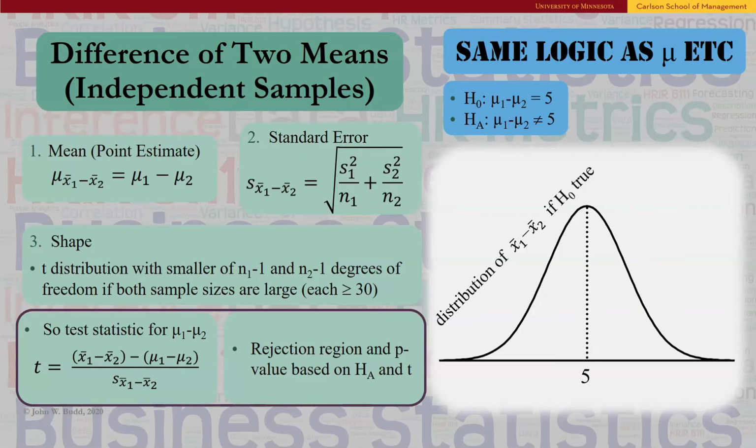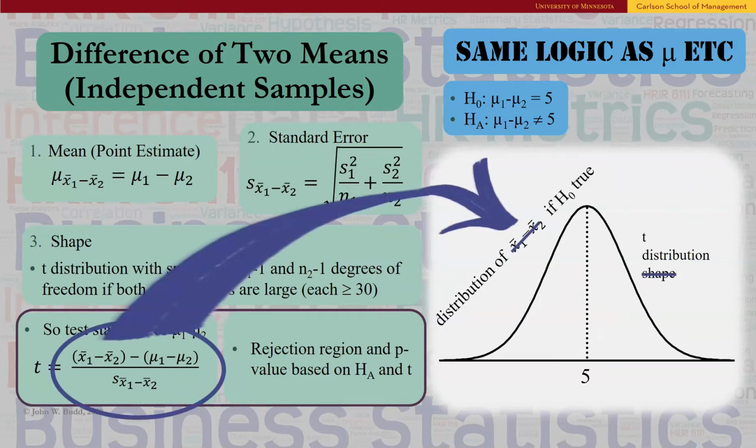That's point number 1 on the left side of the screen. And as long as the sample sizes are sufficiently large, as long as both of them have at least 30 observations, then the shape of x bar 1 minus x bar 2 is t. It's not literally a t distribution, but has the shape of a t distribution.